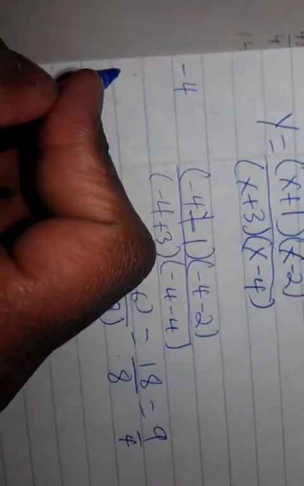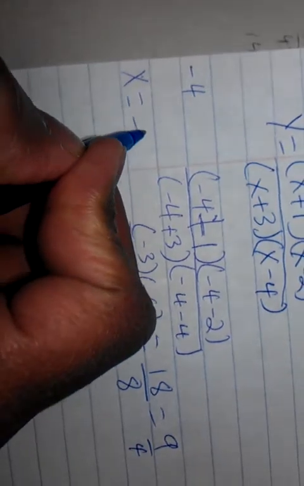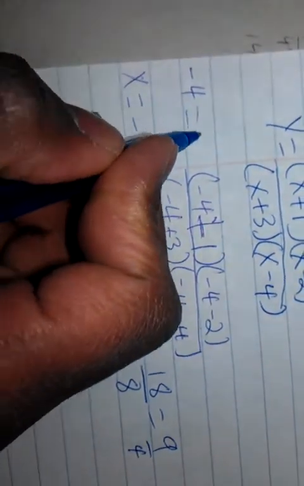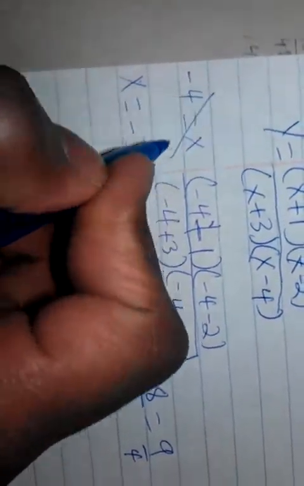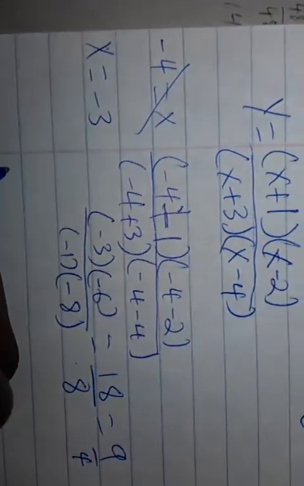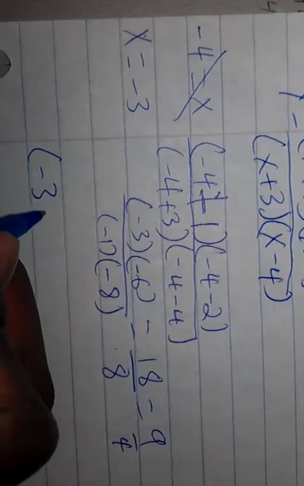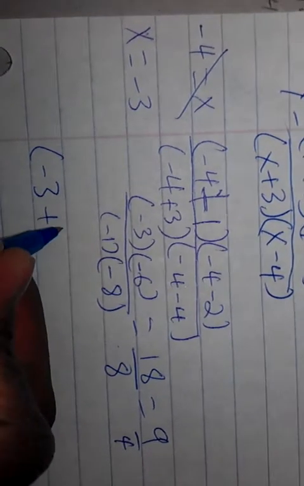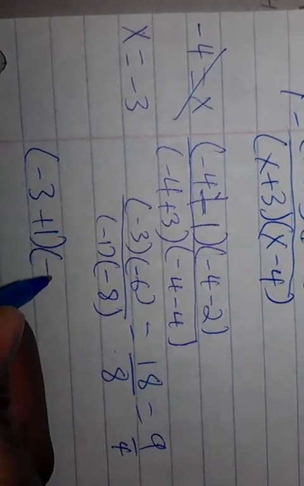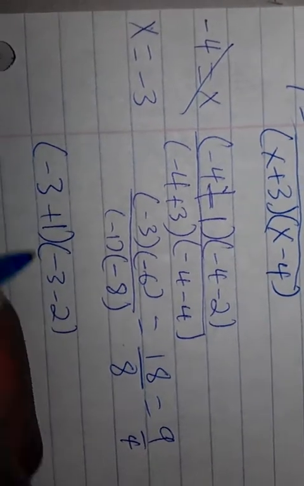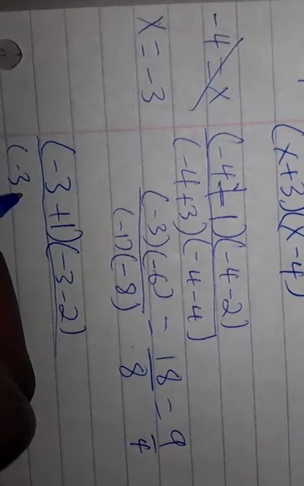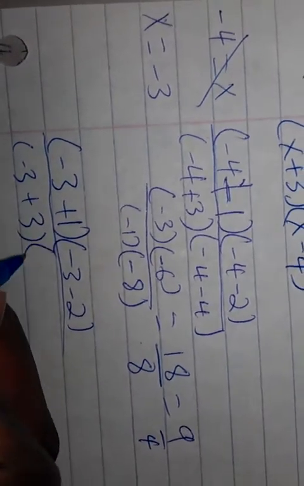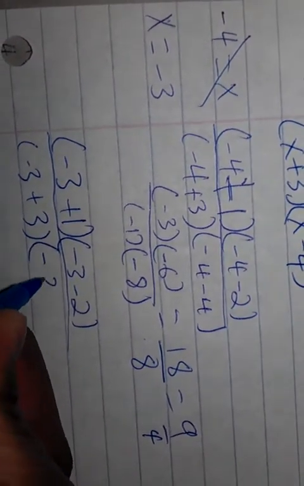Let's try if x was equal to -3. x equal to 4, that can't work. x equal to -3. So -3 plus 1 times -3 minus 2 over -3 plus 3 times -3 minus 4.